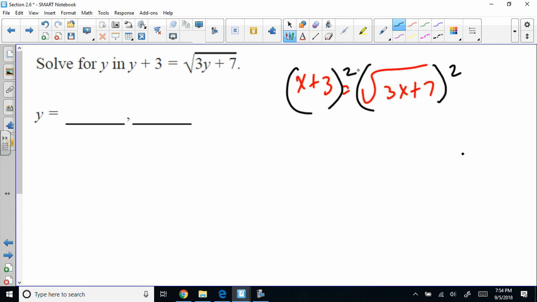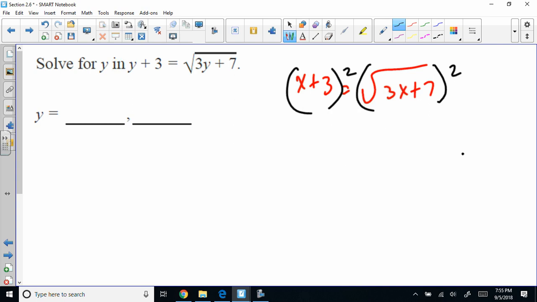Look right there. When I square the left-hand side, what have I really created now? We came across this when we were looking at completing the square.